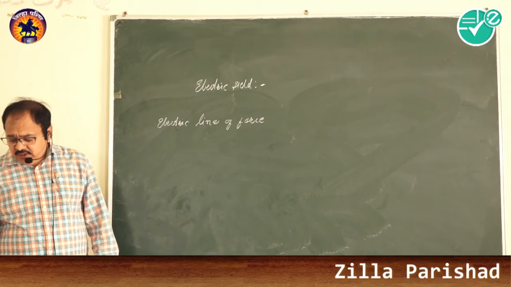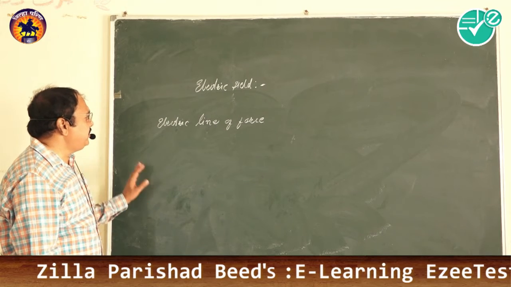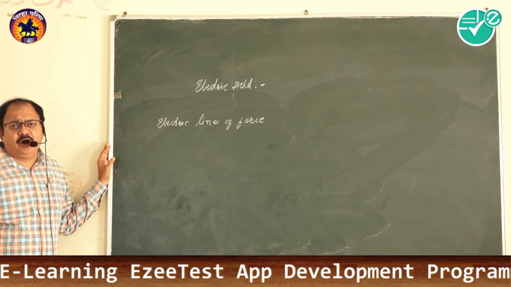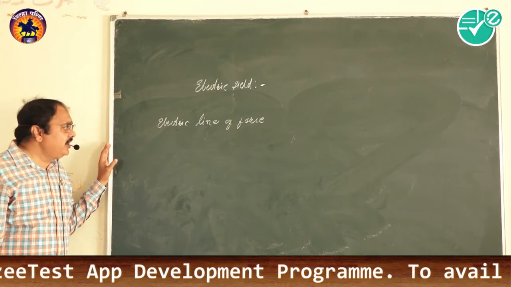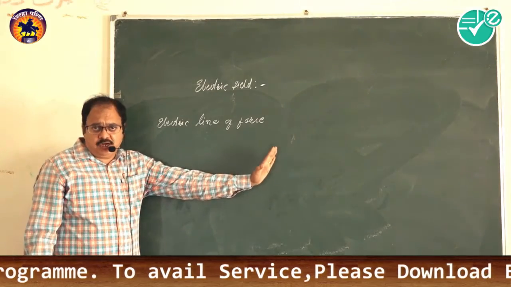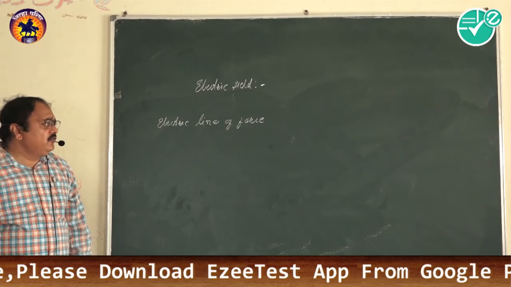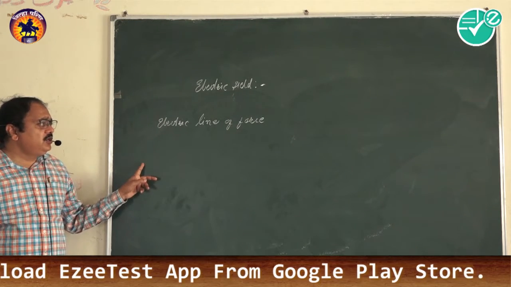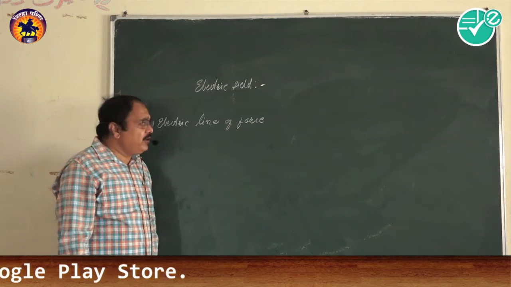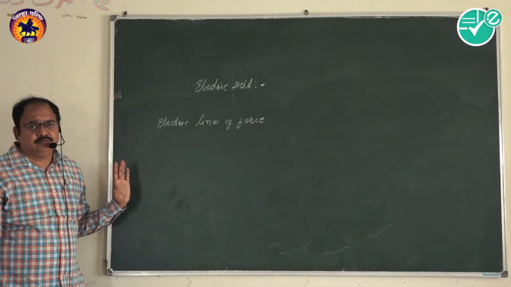There are some properties of electric line of force. Electric lines of force or electric field lines start from a positive charge and end on a negative charge. The tangent to the line of force at any point gives the direction of the electric line of force.